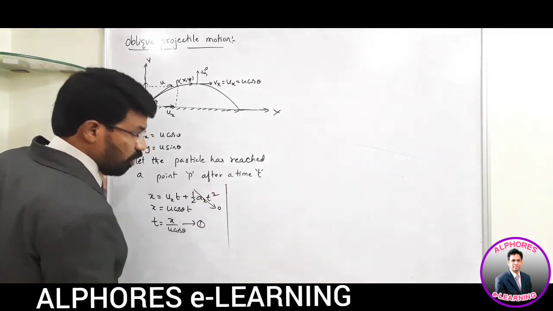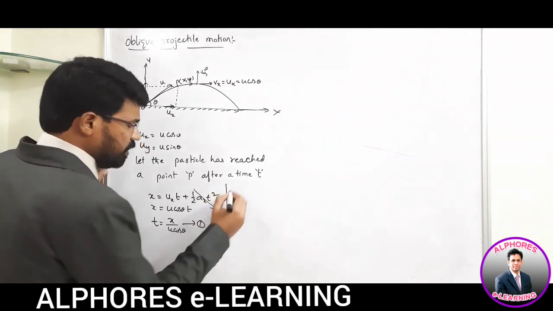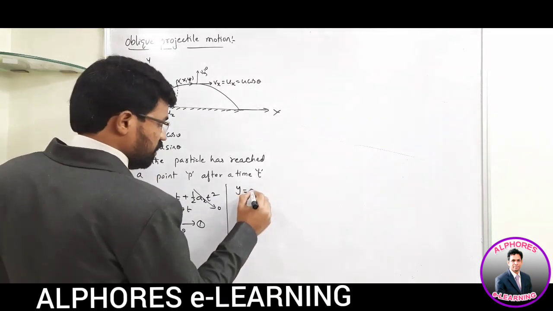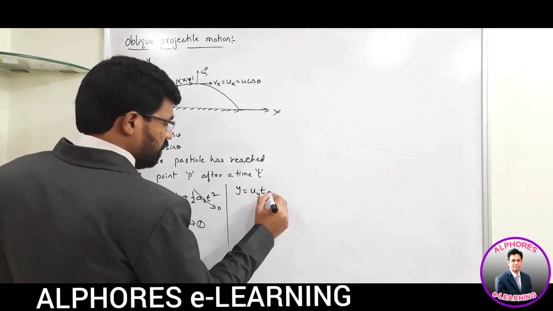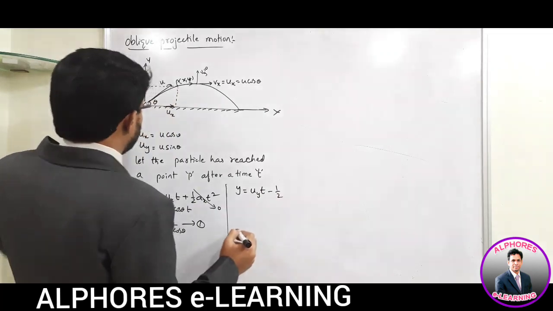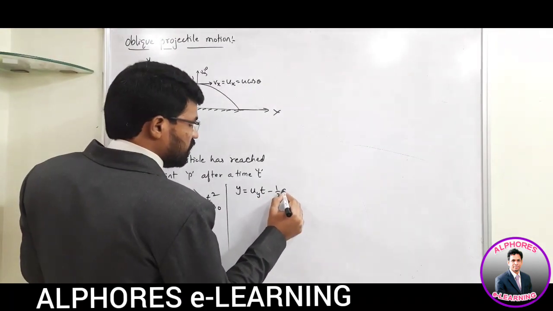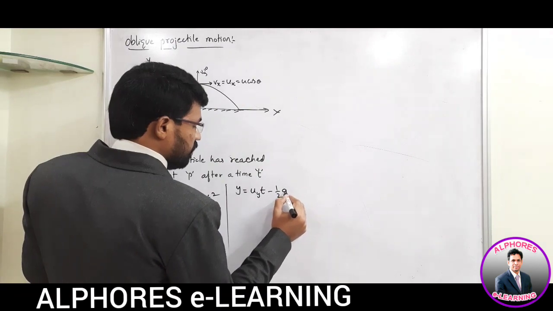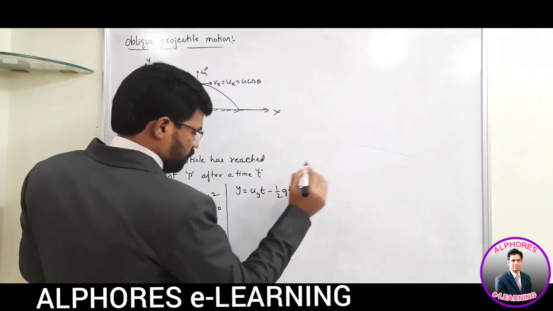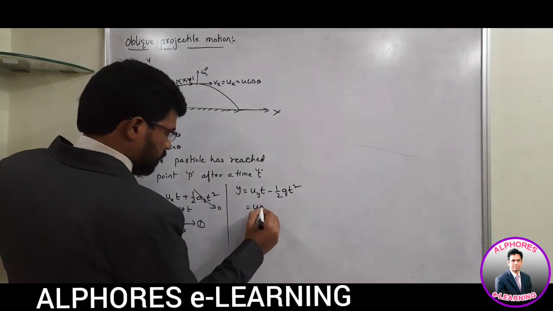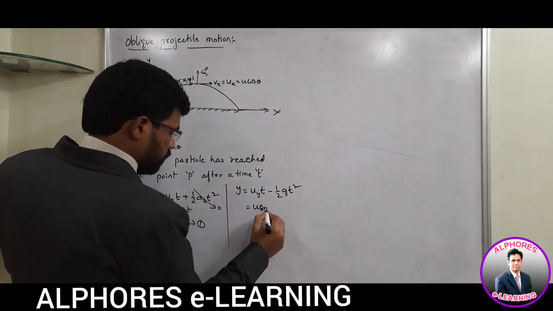Now let us try to find out what y is. y is the vertical displacement. So y is equal to uyt minus half g t square, since this component is in the vertically upward direction, you have to replace the acceleration with minus g. In this equation, what is uy? u sin theta.